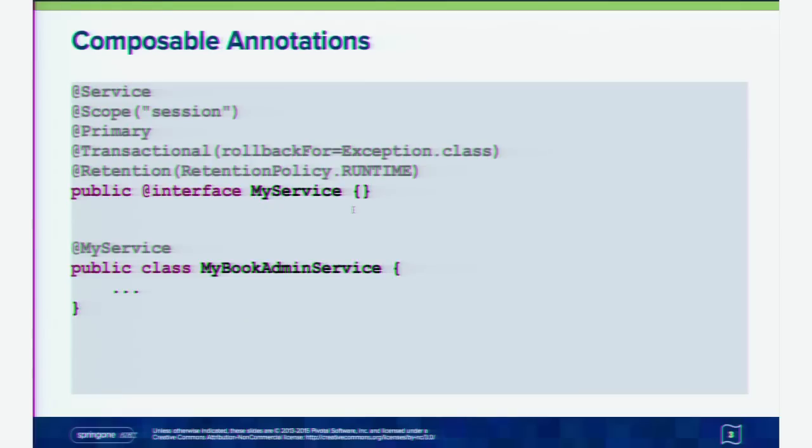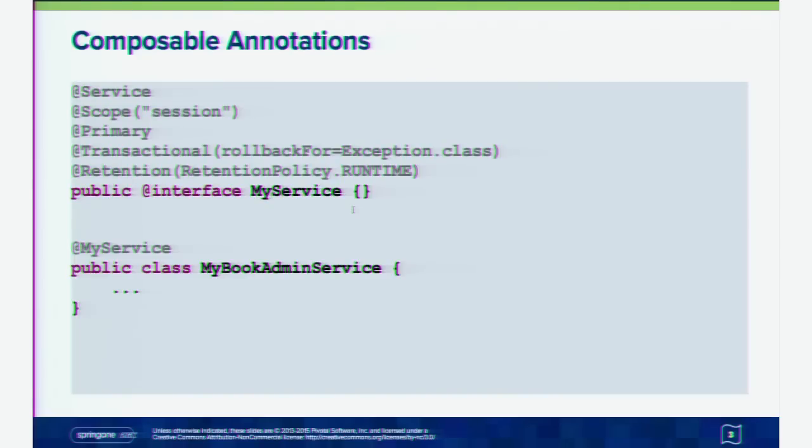But you may also go a step further and build your own annotations. An annotation is just a regular type in the Java language. So just declare a public @interface of some annotation. And in this case, it's a MyService annotation. The MyService annotation is now being meta-annotated. Those are just annotations on your annotation type called meta-annotations, where typically standard Spring annotations are to be found.